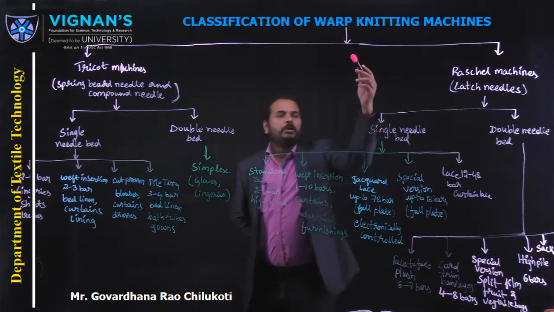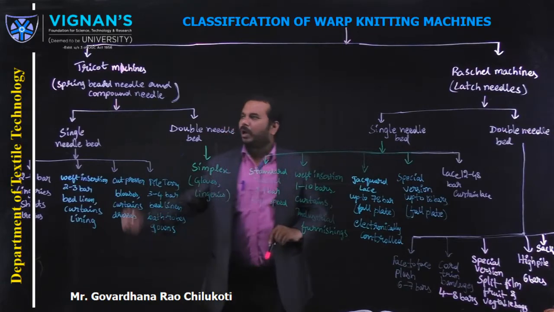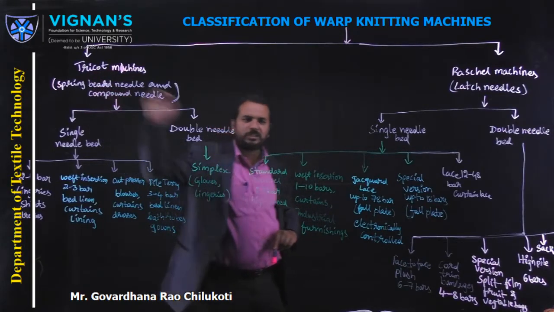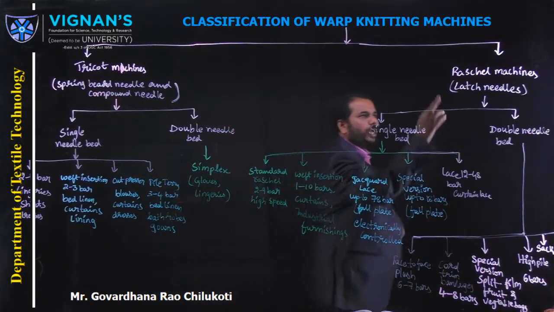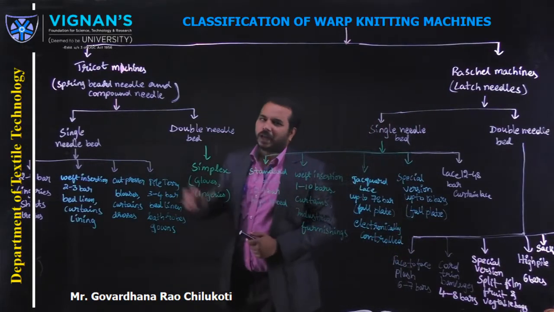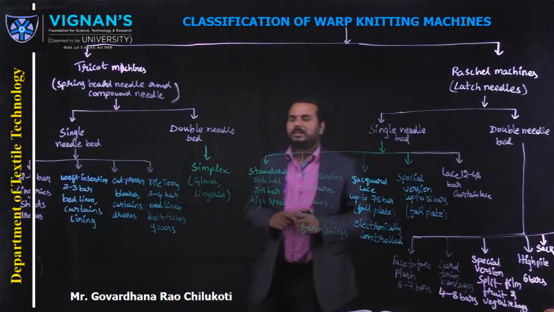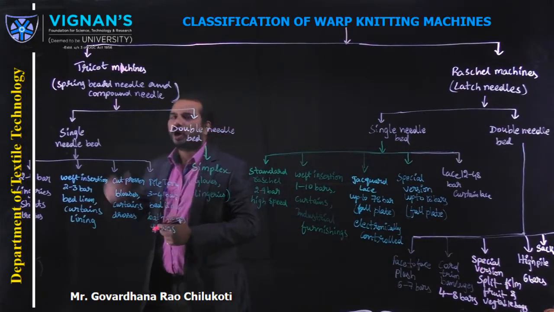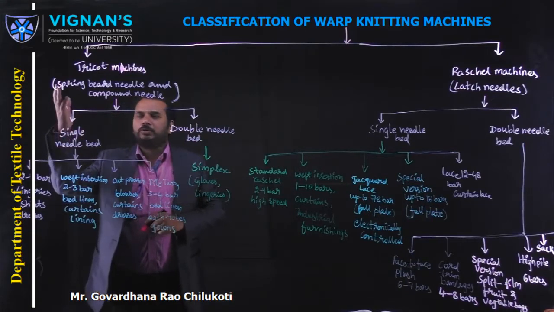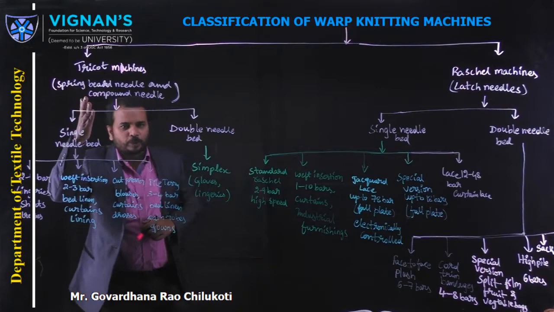The warp knitting machines are classified into two categories. One is called the tricot machines and the second one is called the raschel knitting machines. In the tricot knitting machines we are using the spring bearded needle and the compound needle. Either we are using the spring bearded needle or a compound needle.